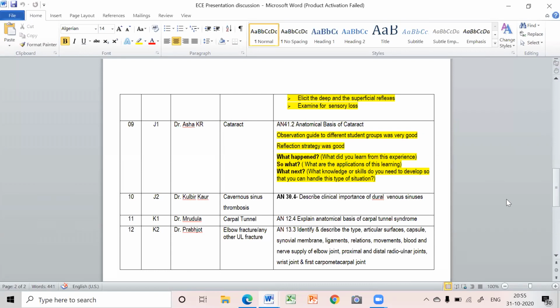So I request all the faculty of the previous session to make it a little more elaborate. That was the consensus we came to at the end of that ECE session: an observation guide, a facilitator guide, and more elaborate teaching learning methods should be made by all the participants. So once again, I request all the resource persons and participants of the last session to make it a little more elaborate after all the discussions we have had.